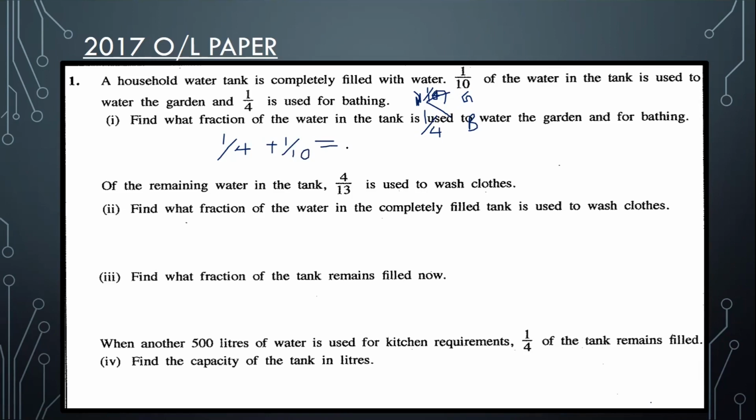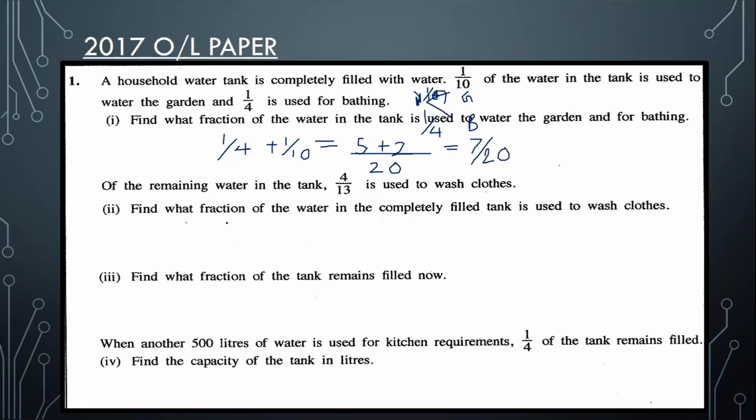So the least common multiple is going to be 20. So 4 times 5 is 20 and 1 times 5 is 5. And 10 you have to multiply by 2 to make it 20, so 1/10 means 1 into 2 is 2. So that is going to be equal to 7/20.